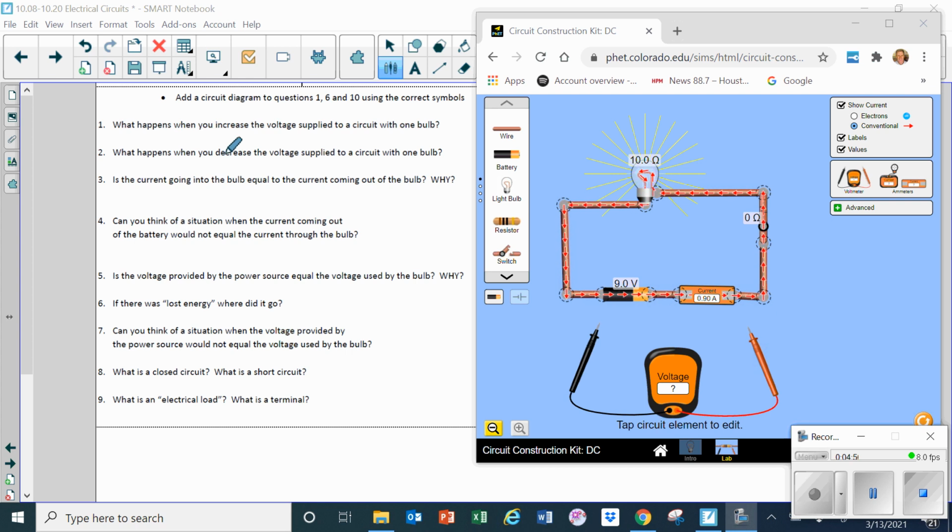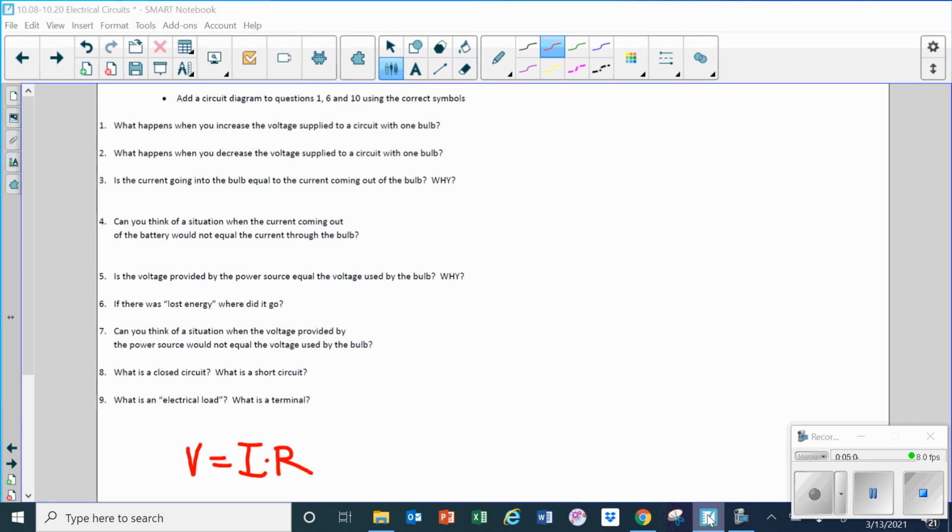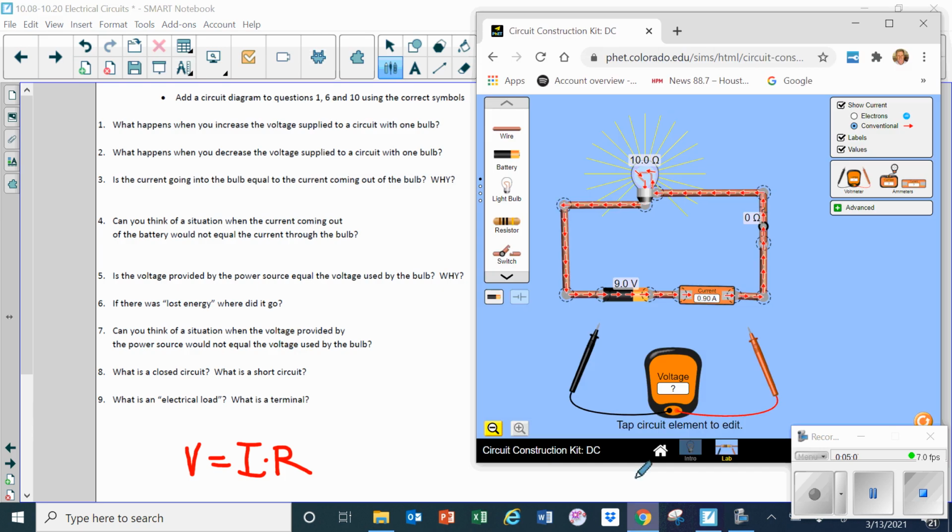So number one, I'm going to write down at the bottom Ohm's law: V equals IR. Okay, and number one says, what happens when you increase the voltage supplied to a circuit with one bulb?